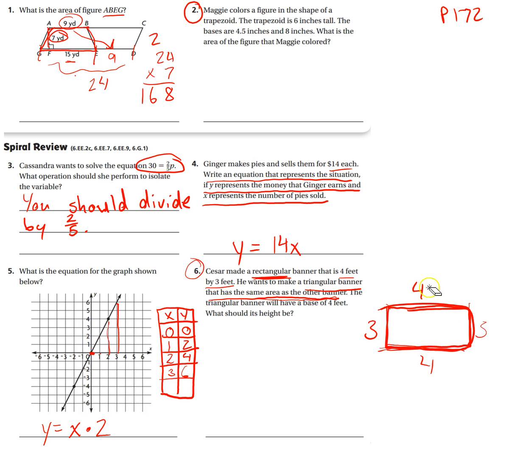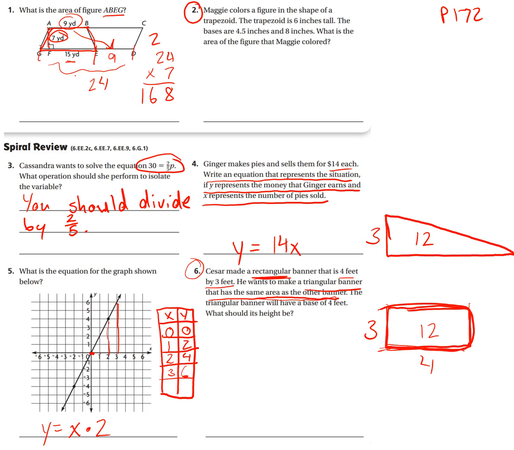He wants to make another banner that's a triangle that has the same area as this whole rectangle. He doesn't want to make 2 triangles out of this one rectangle. He wants to make a completely different banner that's shaped in the triangle but has the exact same area as this. So this has an area of 12. So I want a triangle with the area of 12.